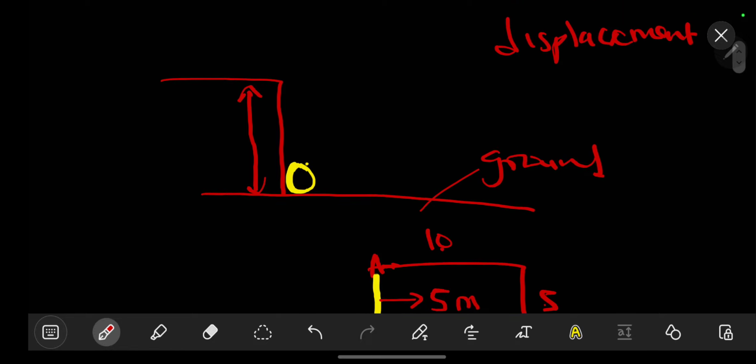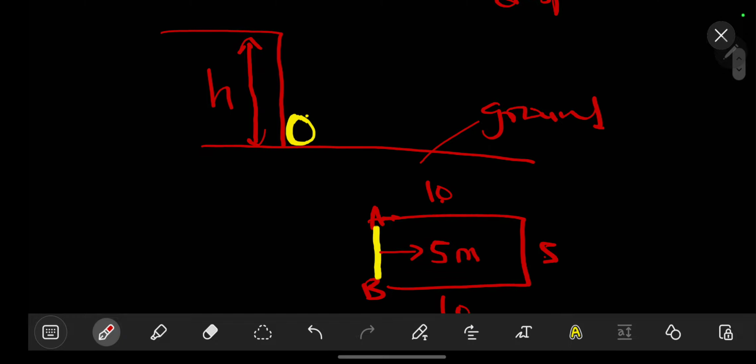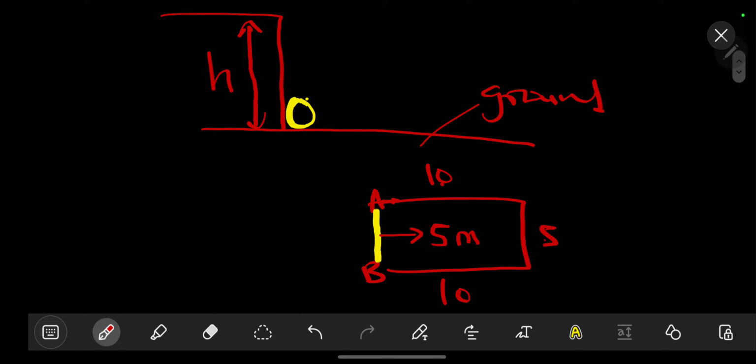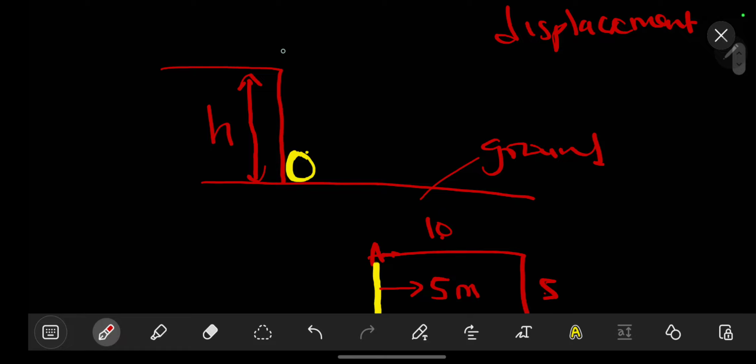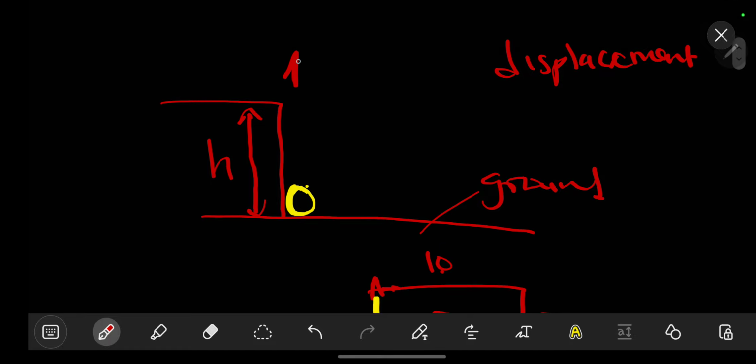So therefore, the height of the building is given as h. Displacement is a vector quantity, meaning it has both magnitude and direction. So in order to answer such a problem, whatever is going up, you're going to take as positive, and whatever is going down, you're going to take as negative.